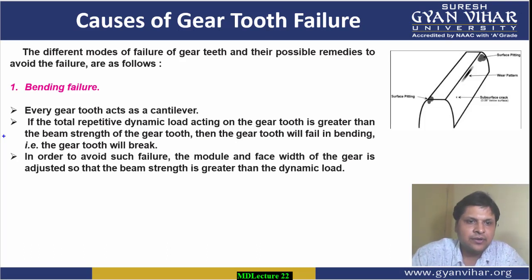While the motion of the gear is there, at that time dynamic load is considered, and if the total dynamic load that is acting on the gear tooth is greater than the strength of the gear, then what will happen? Then in that case the gear tooth will fail in bending. There will be bending of the gear tooth. That is, the gear tooth will break.